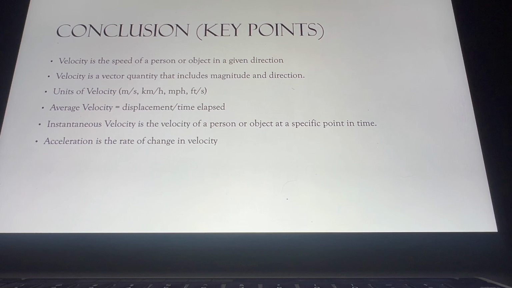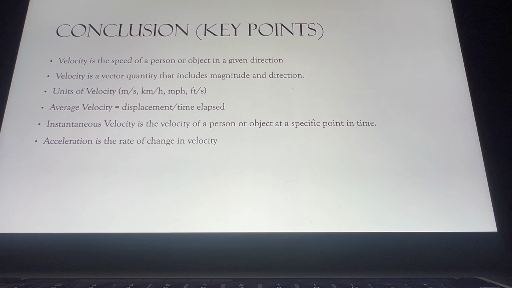So in conclusion, the key points of this whole lecture: velocity is the speed of a person or object in a given direction. Velocity is a vector quantity that includes magnitude and direction. The units of velocity are meters a second, kilometers an hour, miles per hour, and feet per second.